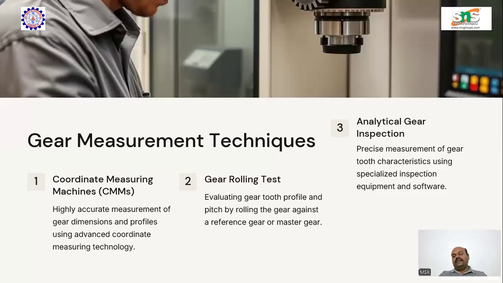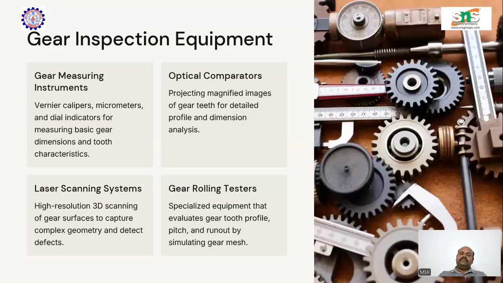The second one is the gear rolling test. The rolling test is to check against the master gear, that is the gear with no defects or the gear with the highest precision. Finally, we have certain software to measure this gear inspection. Gear measuring instruments: we have come across various types of instruments.